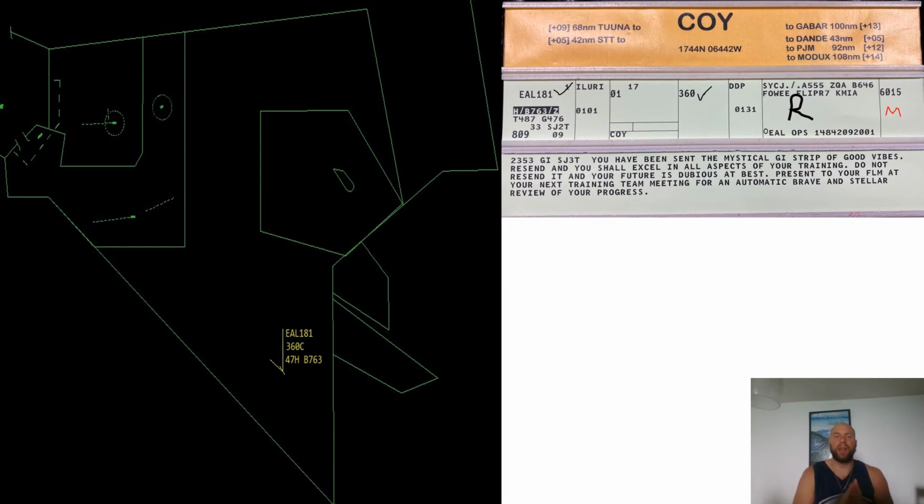But before we get too far ahead of ourselves, we should go to Chapter 2, Interphone Phraseology, and do an old-fashioned APREQ before we clear the aircraft direct FAWI.